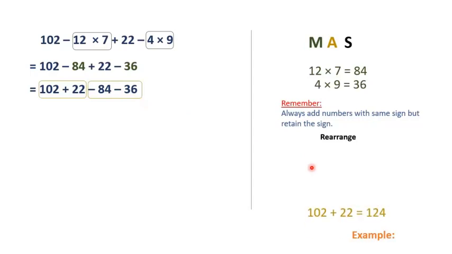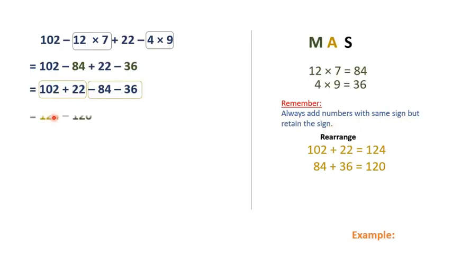So let us find out the addition sum. 102 plus 22 is 124 and 84 plus 36 is 120. But children, add numbers with the same sign but retain the sign. Here the solution of 102 plus 22 is 124. But what is the solution of minus 84 and minus 36? It should be minus 120.